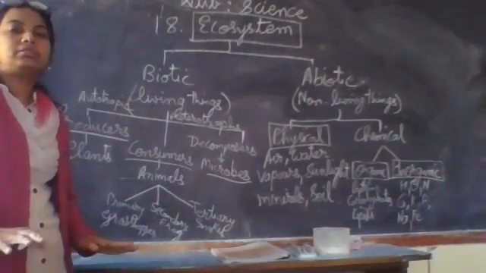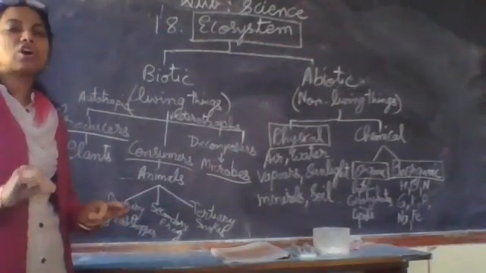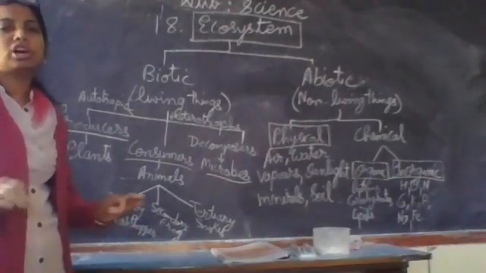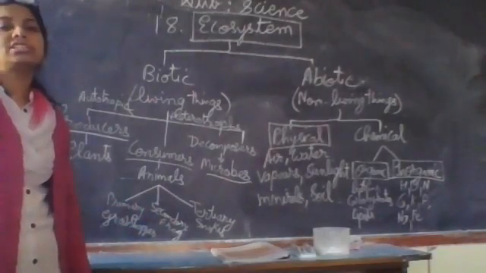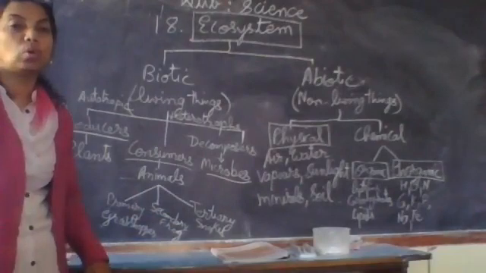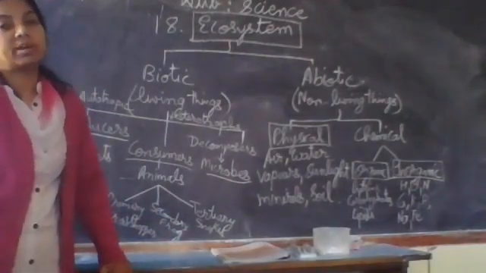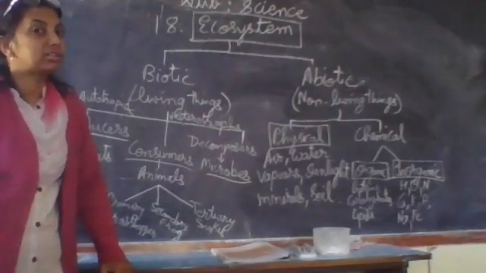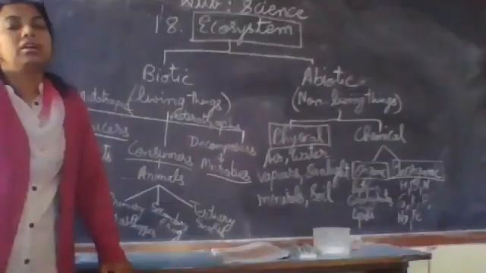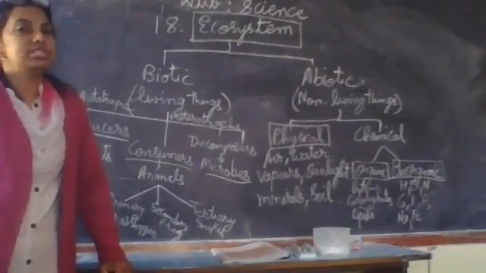All the elements of nature, air, water, soil, the five elements we all know, are returned back to nature by the decomposers, and they are a very important part of any ecosystem.